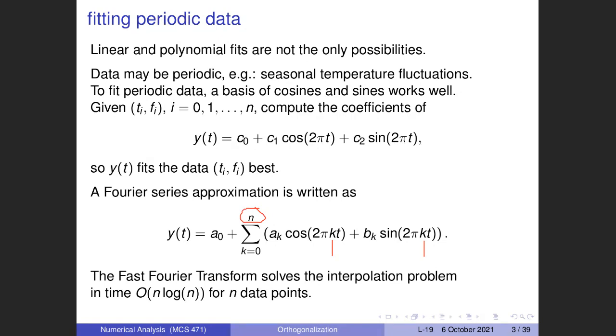Now, importantly, the textbook has one entire chapter on the fast Fourier transform. In this course, we do not cover this, but in a more application-oriented course, and we will most likely see this in 472, the fast Fourier transform is extremely important in practical applications. What matters also cost-wise is that it solves the interpolation problem in n log n time.